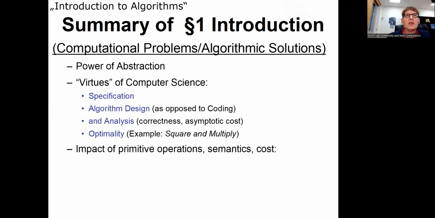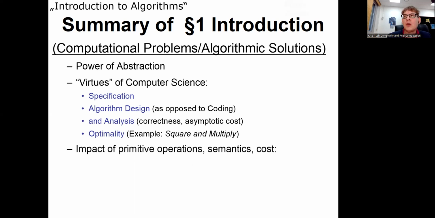And similarly for algorithms, they can be combined using either large high-level operations or low-level operations, and of course, which operations you are permitted to use, what is the meaning, the semantics of these operations, and what is the cost of every single operation.